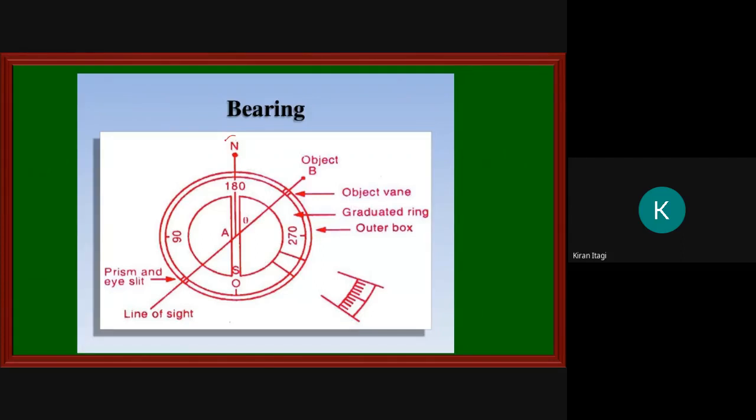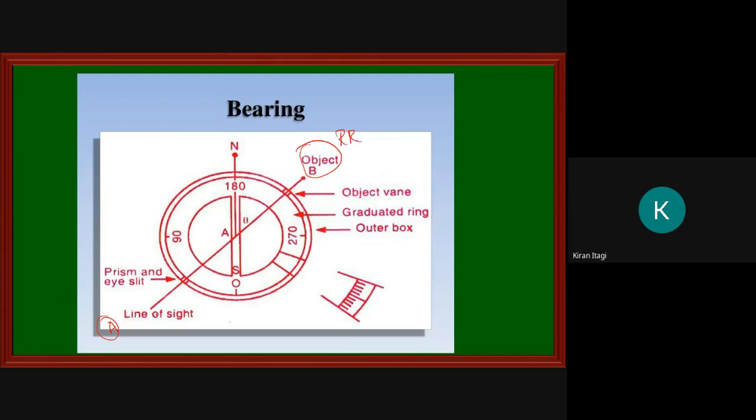See here, there is an example. My needle is always pointing towards the north. This is my needle, pointing towards the north, and here you can see some scale. We call this a graduated ring. Now here I have my station A, and here I have a station B where I have fixed the ranging rod.